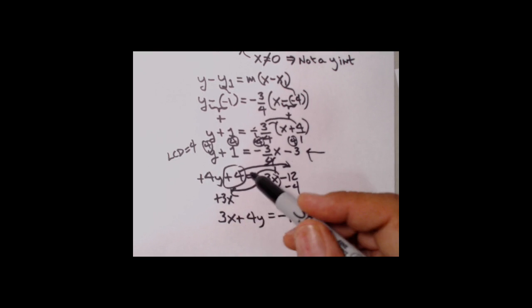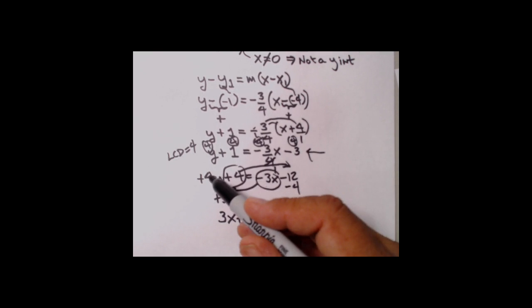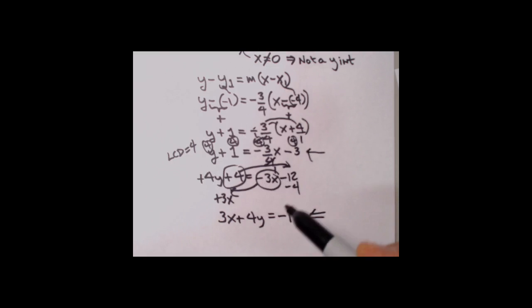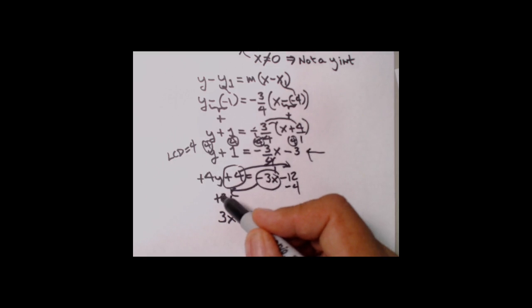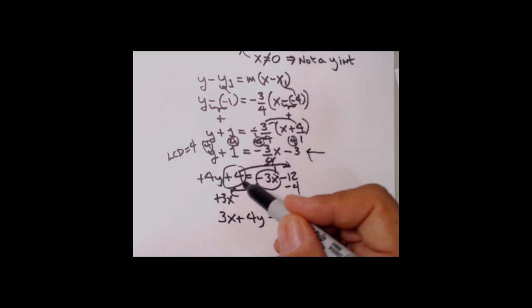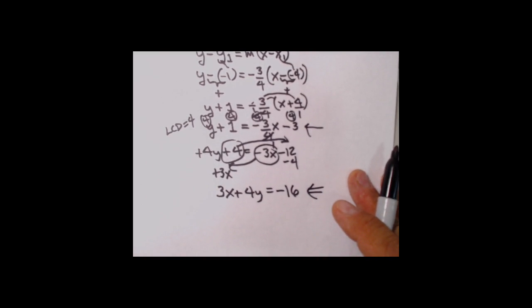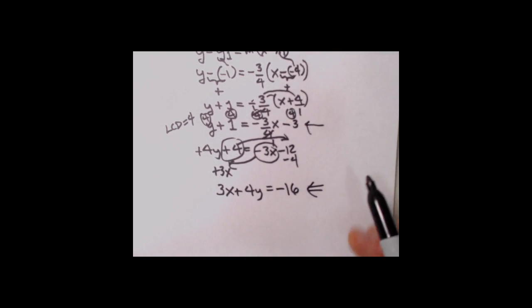And what we ended up with then was, let's see, plus 4y plus 4 equals negative 3x minus 12. Well, the x has to move to the left because we want the x and y's there. The 4 is a plain number, has to move to the right. And so once we did that and cleaned it up, we ended up with 3x plus 4y equals negative 16.